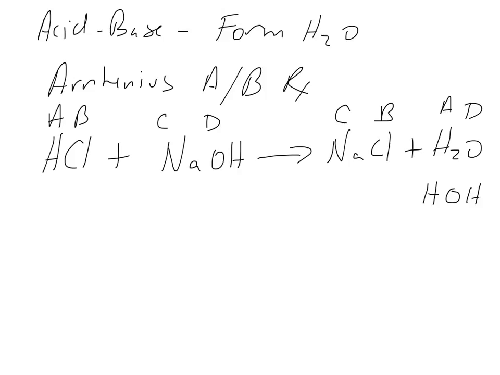Now, the key here is we form a salt and water. Acid-base reactions will always form a salt and water. Now, this is sodium chloride, which we consider to be the salt. That's a salt that we always eat, right? But a salt is simply an ionic compound. Okay? That's what we term a salt.